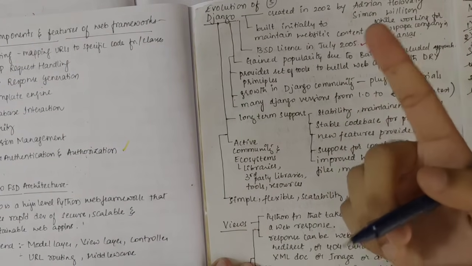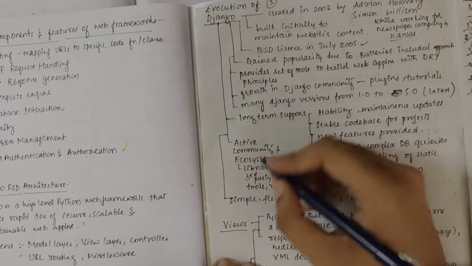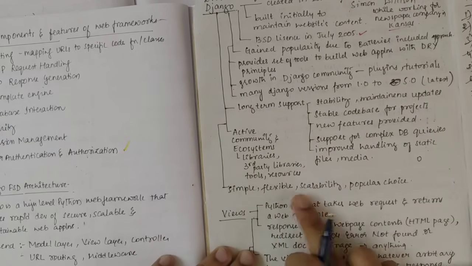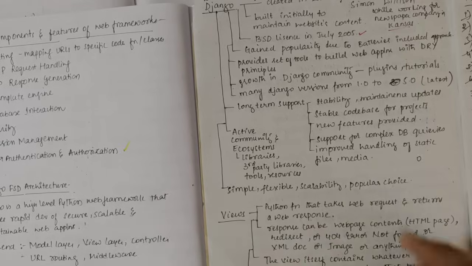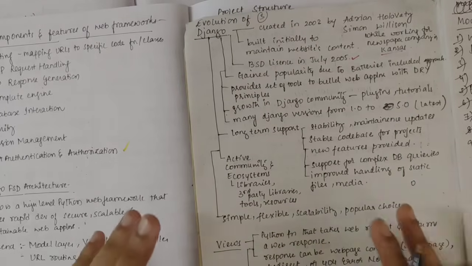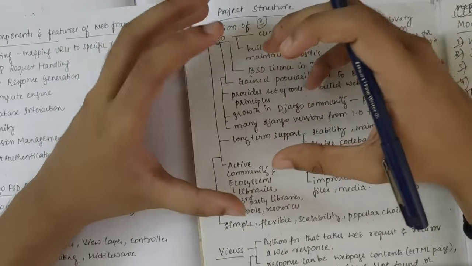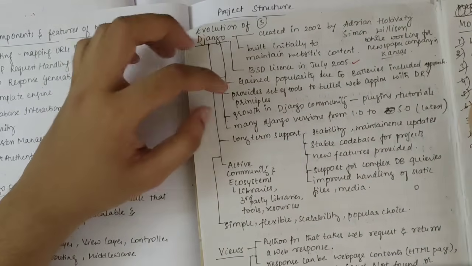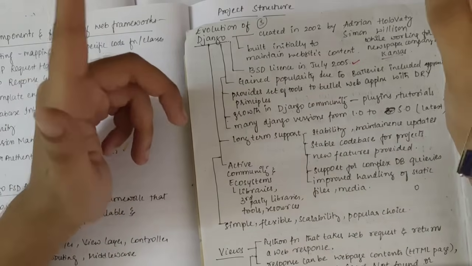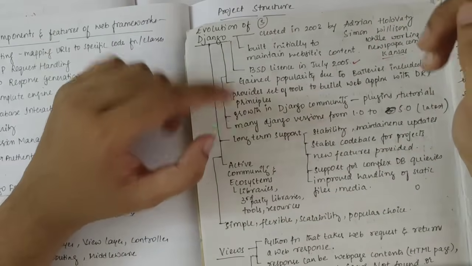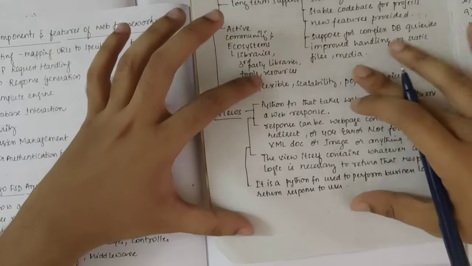So there are multiple libraries coming up, third-party libraries, tools, and resources. Along with this, Django is again simple, flexible, scalable, and a popular choice. So if they ask about the evolution of Django, make sure you write all these points. And if they ask about specific features, be it the DRY principles or the batteries-included approach, make sure you expand it and write properly.